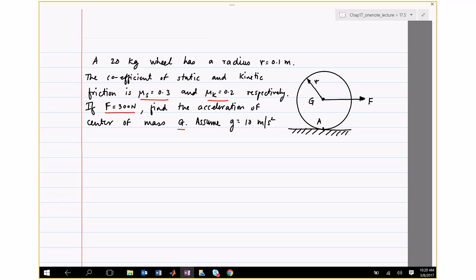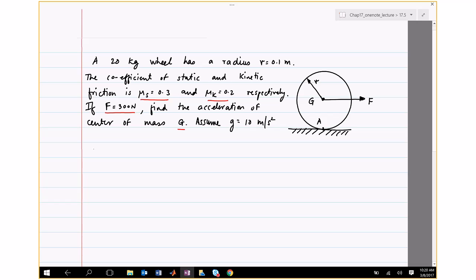And if I get a contradiction, then my assumption of rolling of the wheel is not true, and then I'll reverse the assumption and resolve the problem assuming it's sliding. So you assume rolling, you check the conditions. If that doesn't come out to be true, then you change your condition to sliding and solve the problem. So let's solve this and just pay attention to how this proceeds.